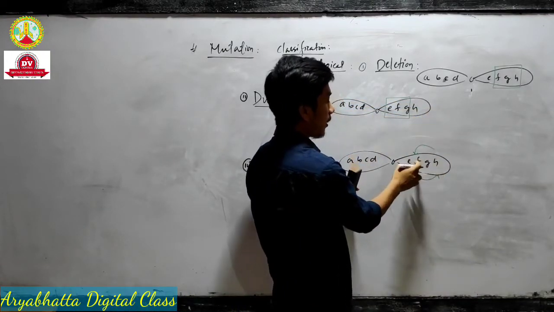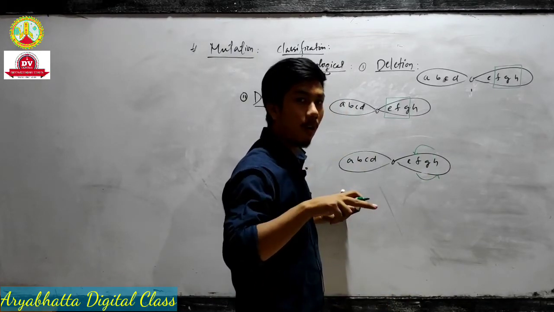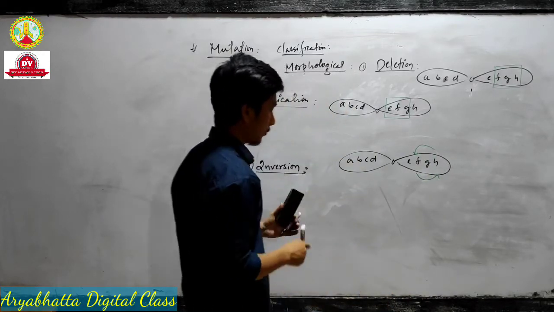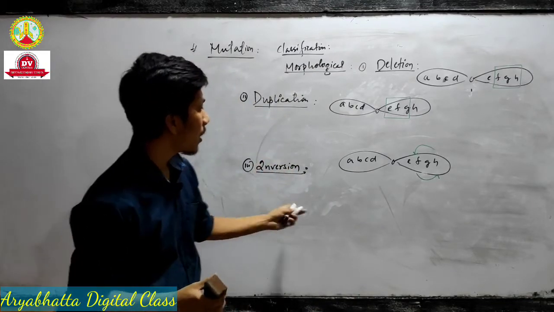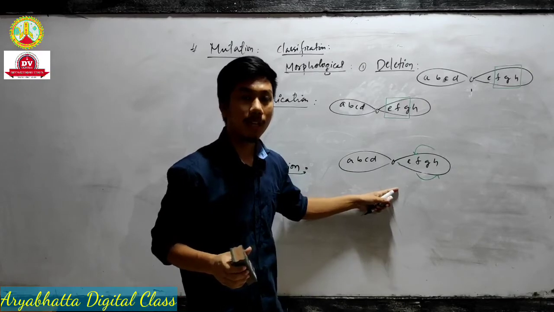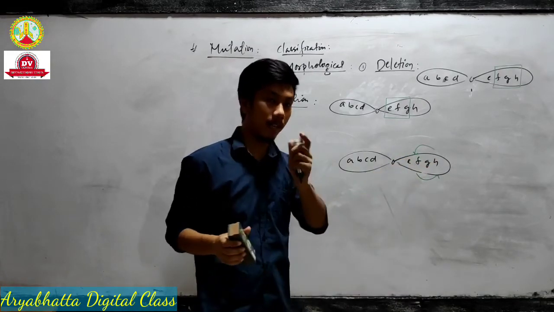H will come here, F will go there. They get flipped by a rotation of 180 degrees. In inversion, some segment of gene gets flipped by rotation of 180 degrees.